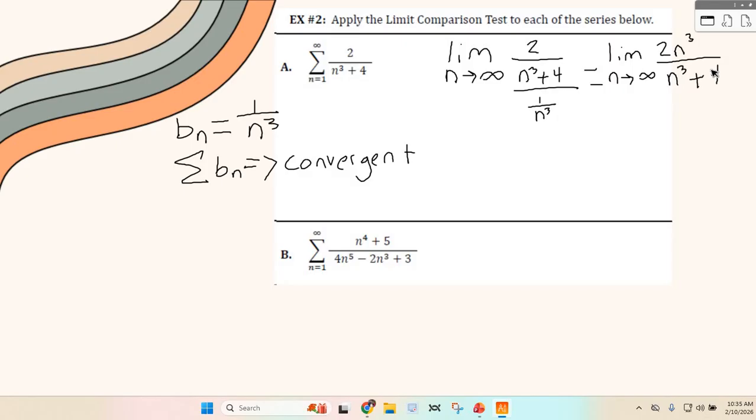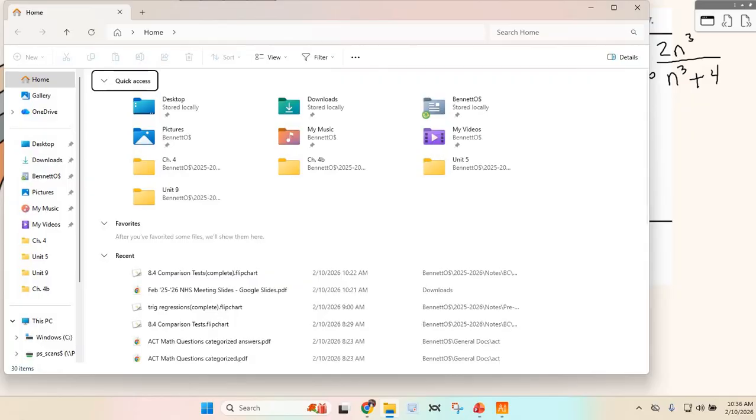The other way, if you want to go through all the actual algebraic steps, is that I can divide the top and the bottom by the largest degree. So I would divide by n cubed, and 4 divided by n cubed is going to go to 0, because my denominator is getting infinitely big, and the leading n cubed terms will reduce out, so you would just have 2 divided by 1. Yes, no, maybe?